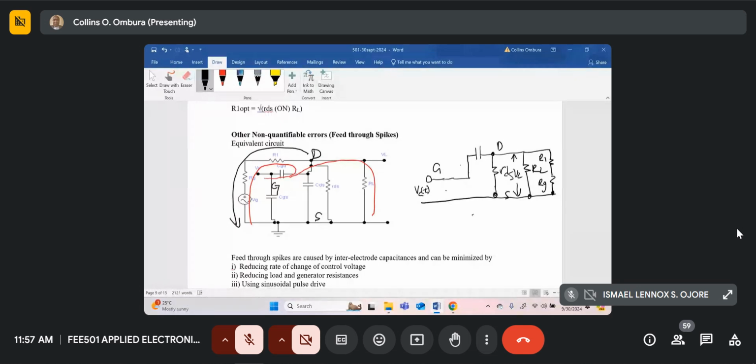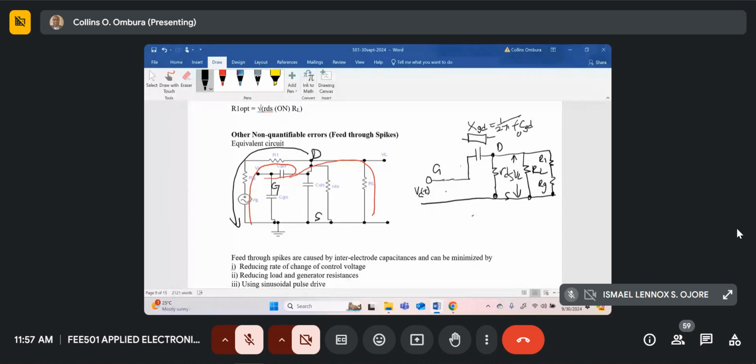And of course, the voltage between here and here will be a VL due to this VC of t. If you just consider one harmonic, the fundamental, you can represent this capacitor as a reactance. We'll call it X_GD, which is 1 over 2 pi F C_GD, where F is the fundamental of your control signal.